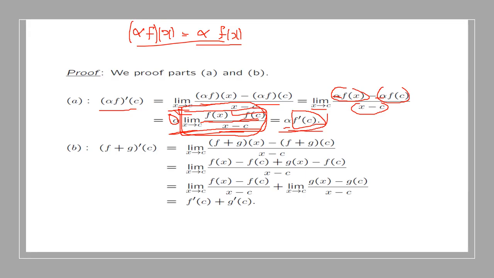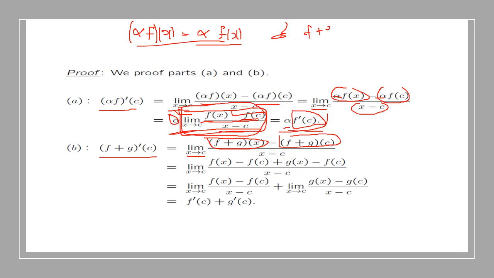For the sum, the derivative of f plus g at c, by definition, will be the limit as x goes to c of (f plus g at x minus f plus g at c). Now, how do we define f plus g?